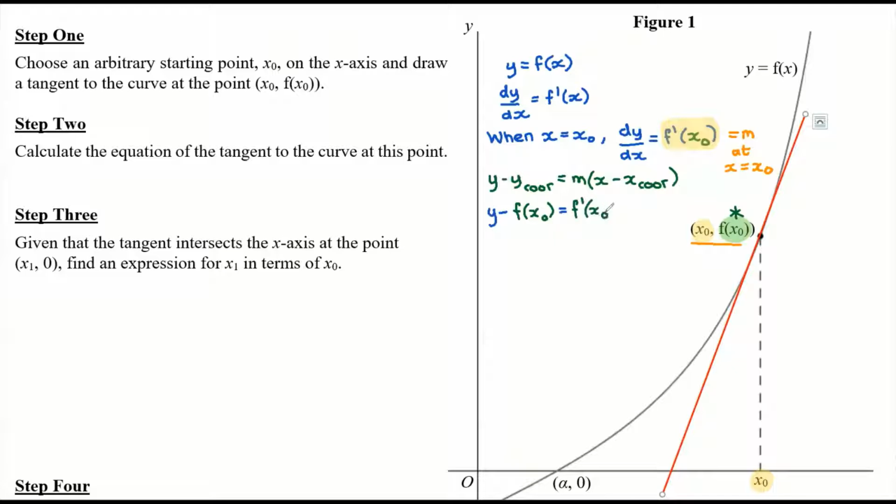These are all constants. They're all particular values. And then we multiply that by x, subtract the x coordinate. So that's going to be x subtract the x coordinate. So that's going to be x naught. So you see how generalized this is. So that's the equation of the tangent.